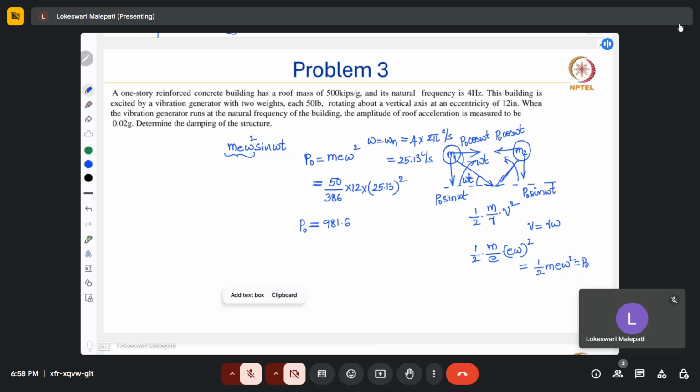Now, determine the damping of the structure. What did they give? They gave that when the vibration generator runs at the natural frequency of the building, the amplitude of roof acceleration is measured to be 0.02 g. So they have given the acceleration response, not the displacement response.